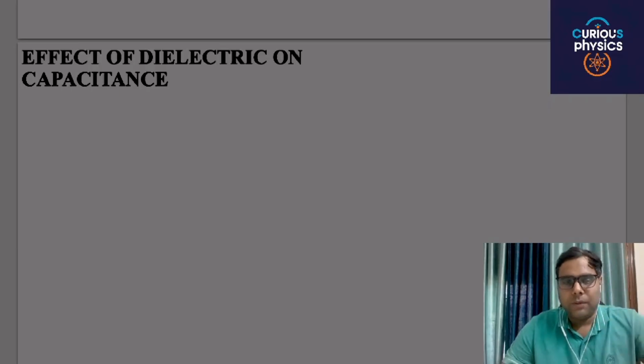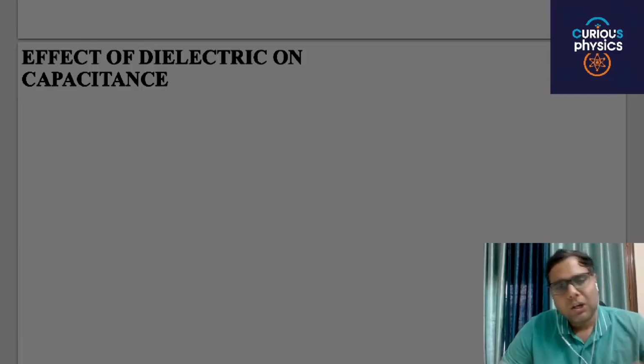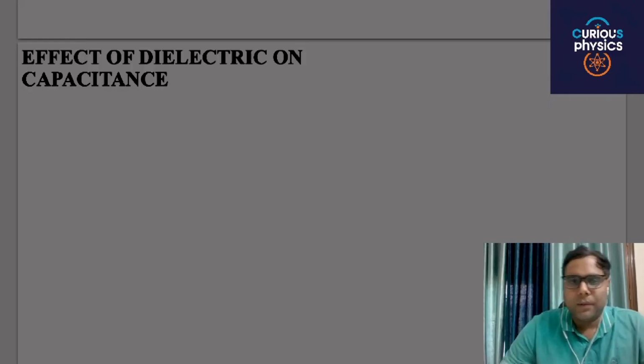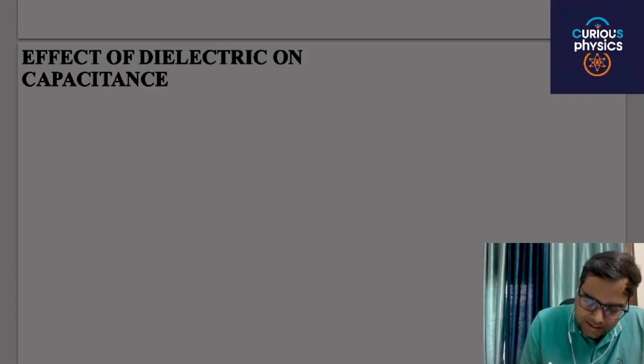By following that concept, let's say we have introduced a dielectric of the same width as the gap of the parallel plate capacitor, then we will see whether the capacitance will increase or decrease.